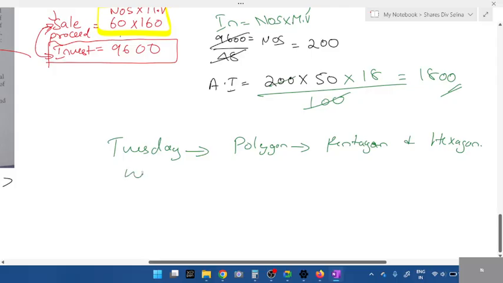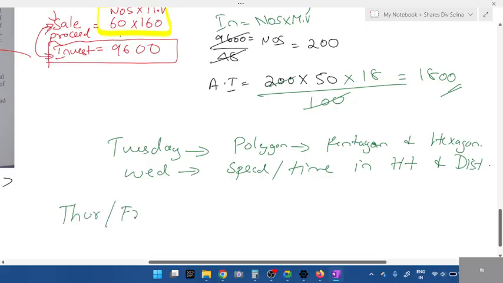Okay, Tuesday or even mostly Wednesday, students. Which is the other one left? Tuesday, Wednesday. In heights and distance, speed and time formula. Time in heights and distance. Okay, Tuesday, Wednesday. Thursday, Friday, Saturday only revision.